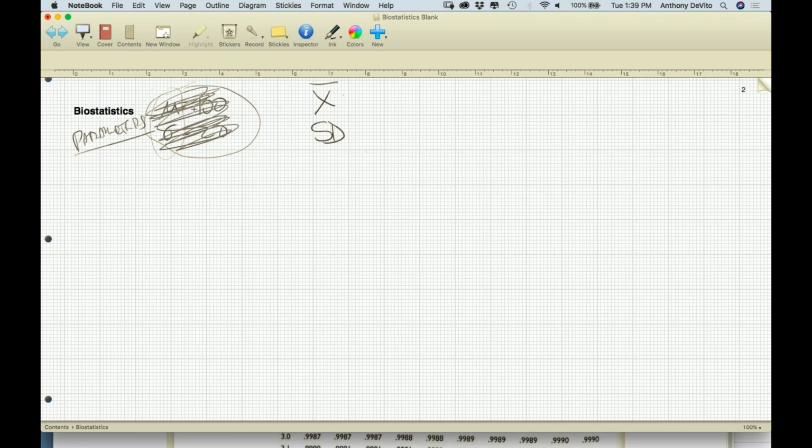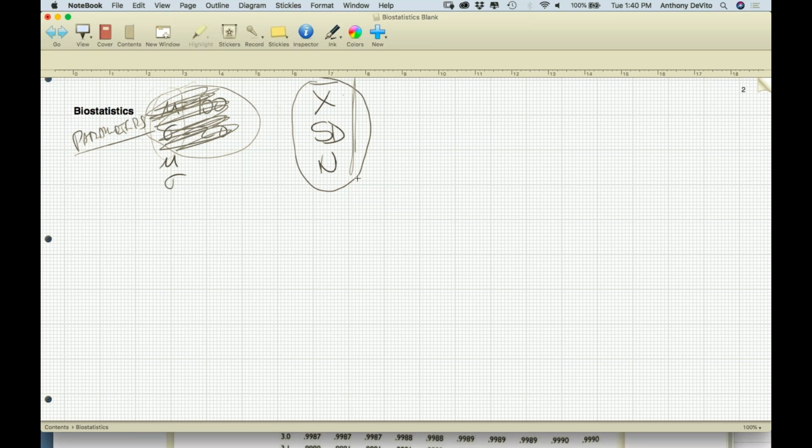So it's a quandary. The only thing we know about a population is when we take a sample from it of a certain size, we know the mean that we got, we know the standard deviation that we got for that sample, and we know the sample size that we used. We don't know the population mean, and we don't know the population standard deviation.